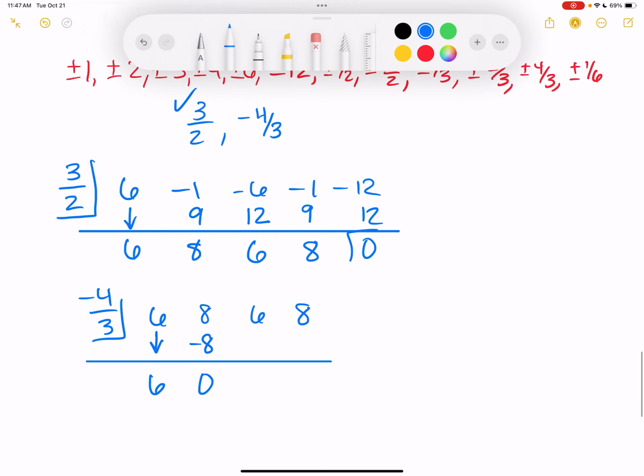Plus 6 is 6. Negative 8. So then we get negative 8 and ultimately 0. That means that also is a zero. So both of those are zeros, and it only crosses twice. So those are the only 2 real zeros that go with this one.